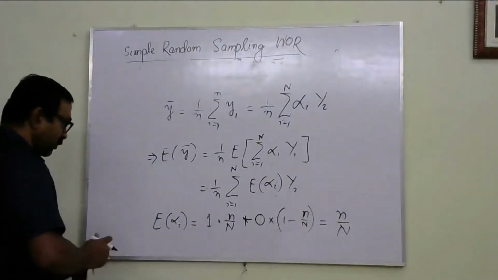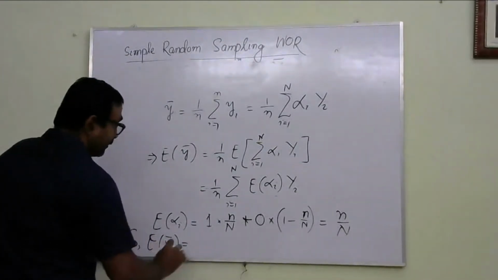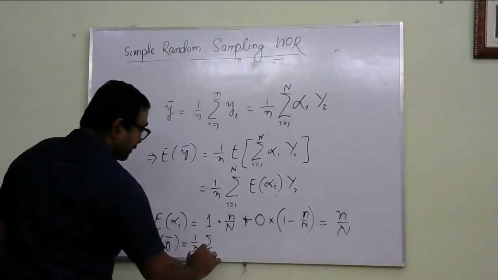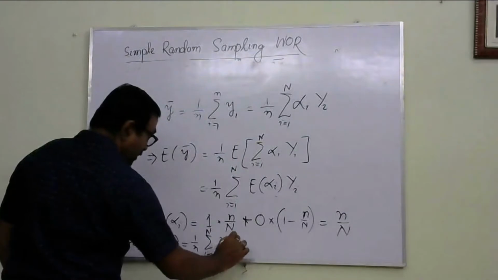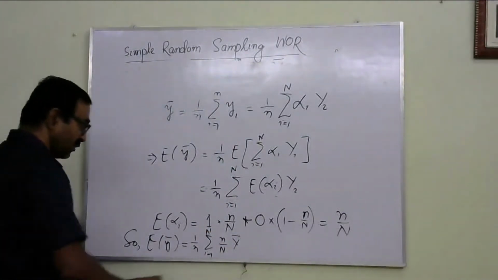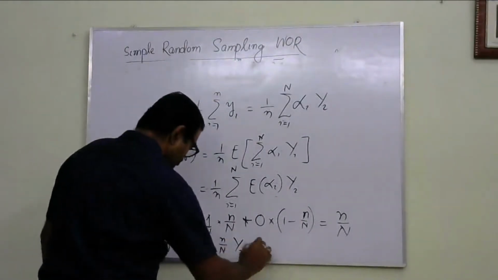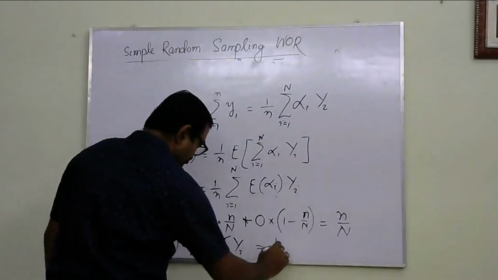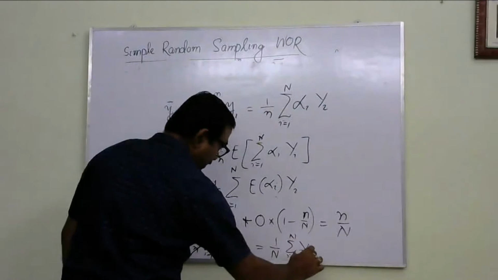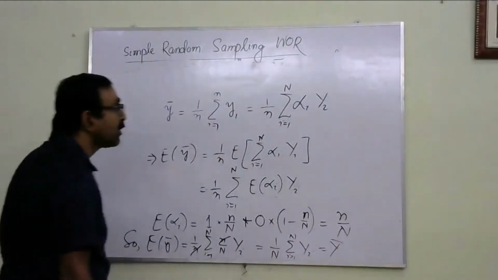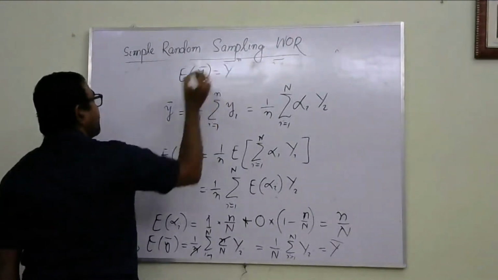So expectation of y bar now equal to 1 by n summation i equal to 1 to capital N, small n by capital N into y i. So n cancels out, 1 by capital N summation i equal to 1 to capital N y i. This is equal to capital Y bar. So we get expectation of small y bar equal to capital Y bar.